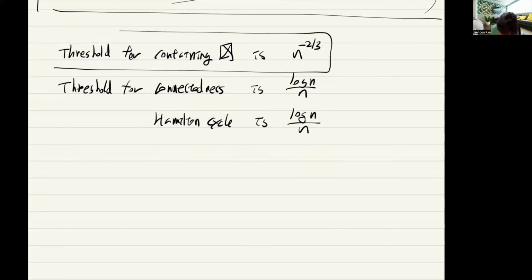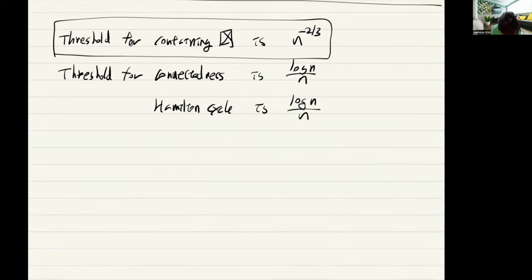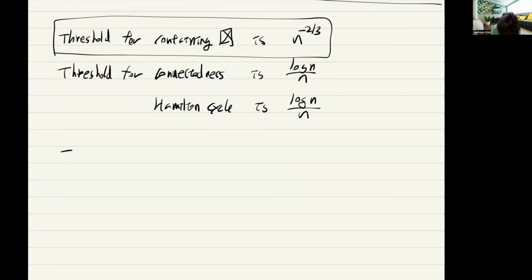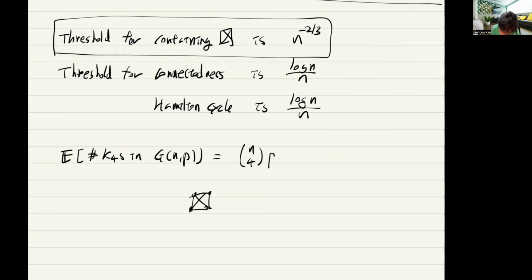Let's go back to this example. How have we computed it? One easy way is that we consider the expected number of K4s in G(n,p). How many are there in expectation? There are n to the 4 many choices of the vertices, and then there are 6 edges. The probability that all 6 of them are present is p to the 6.